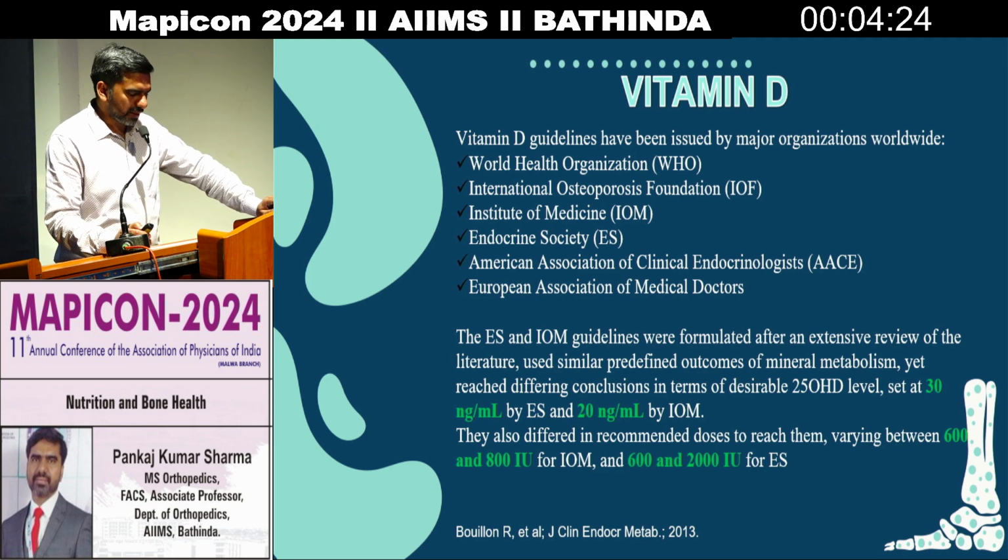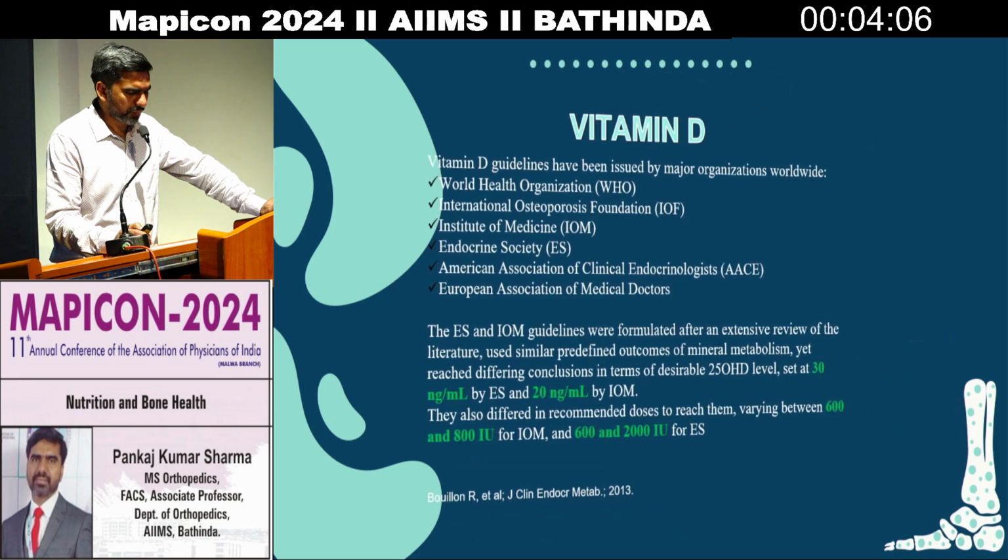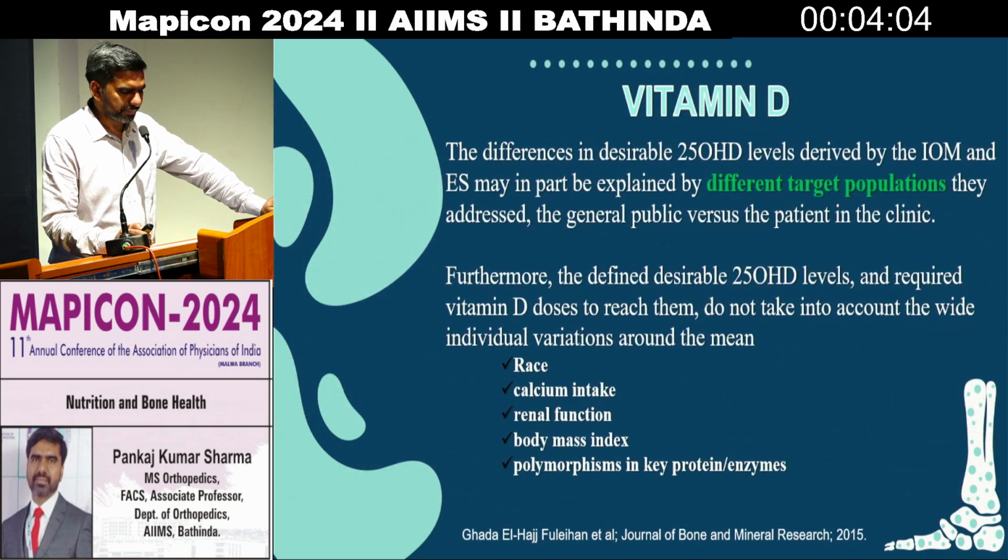The recommended dose is between 600 and 800 by the International Osteoporosis Foundation and 600 to 2000 by the European Society. So it is around 800 to 1200. You can take this type of dose or supplement.